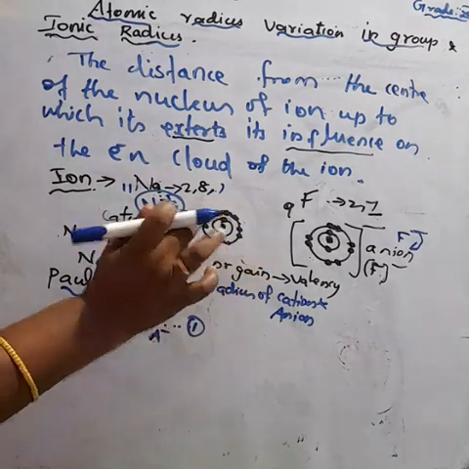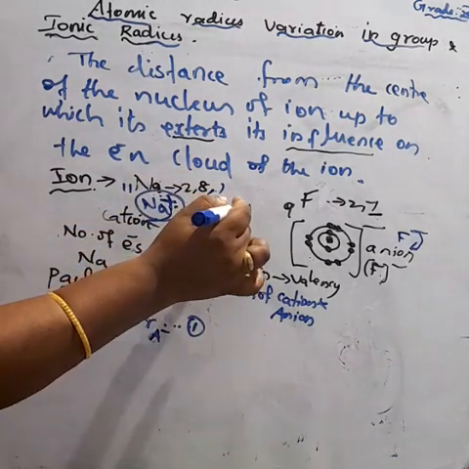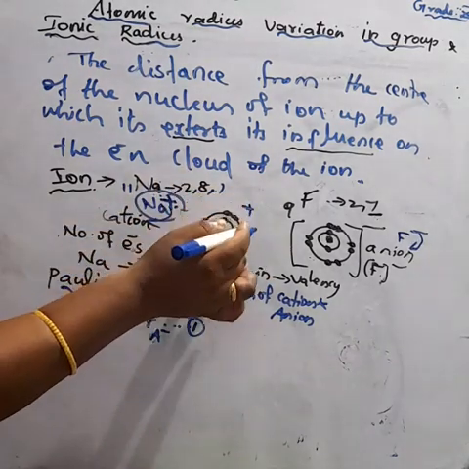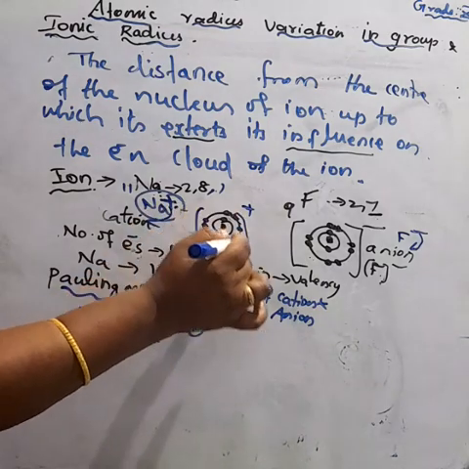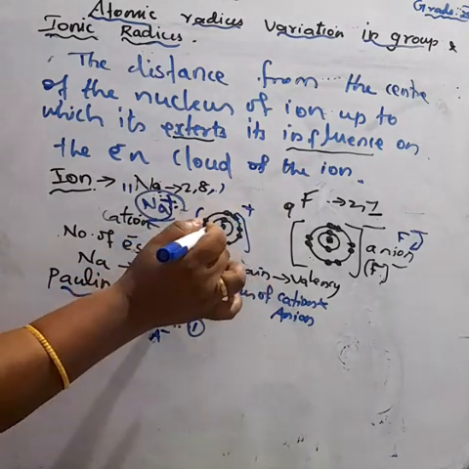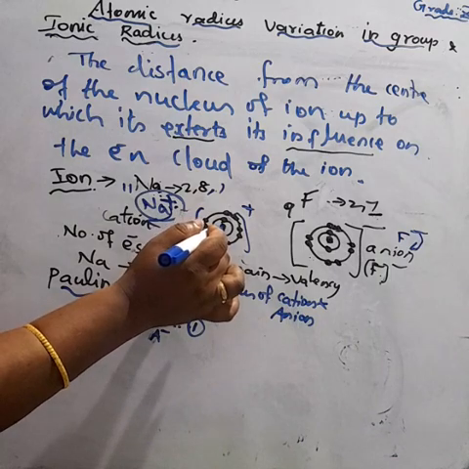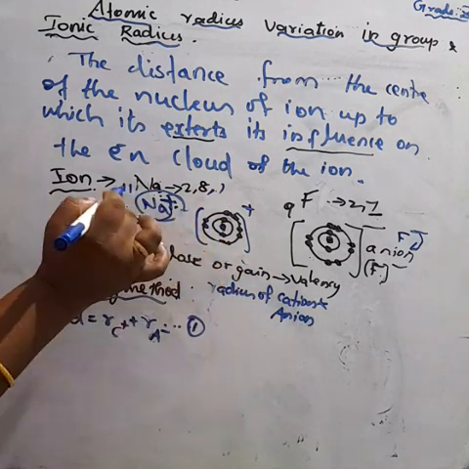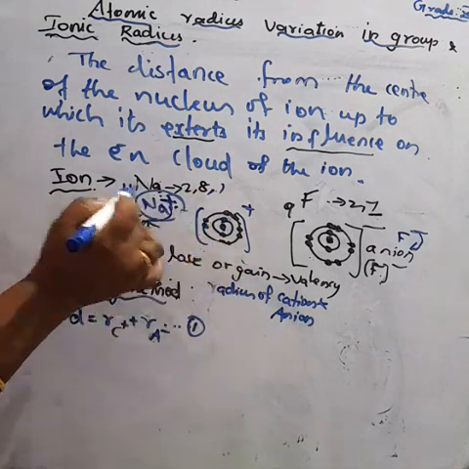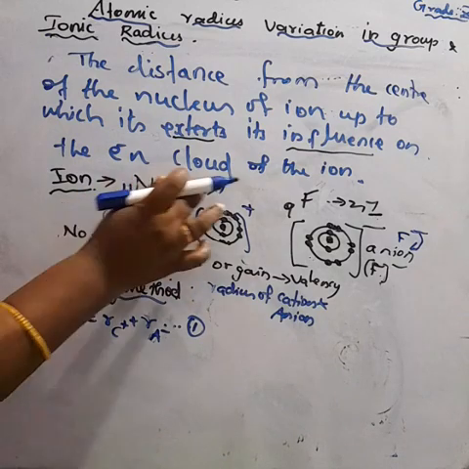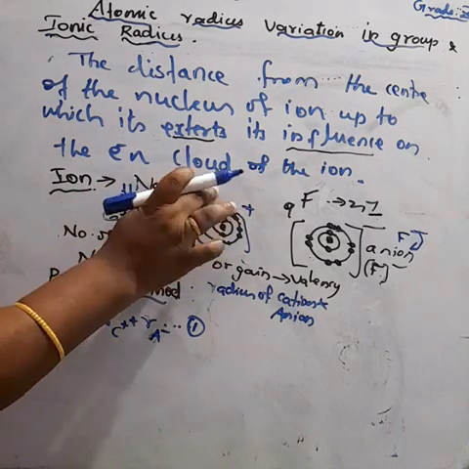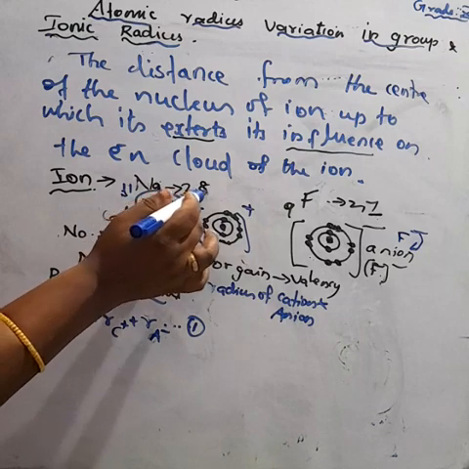So here the number of protons is higher than the number of electrons. Atomic number means number of protons and number of electrons. Here there are 11 protons, but only 10 electrons.